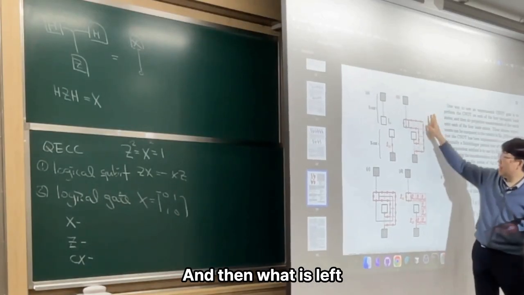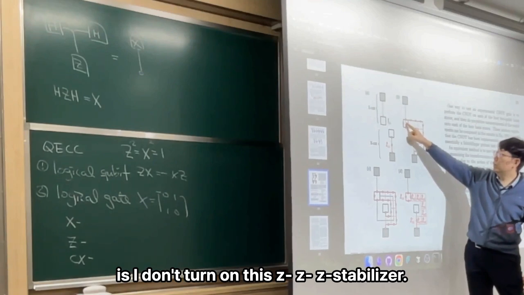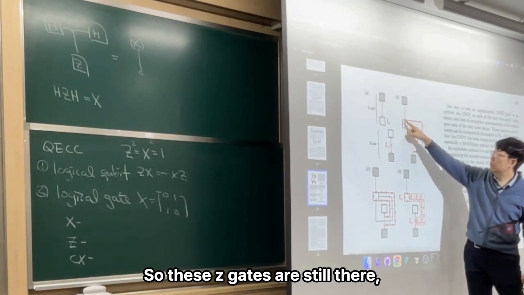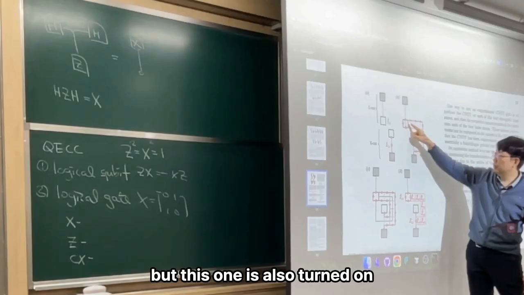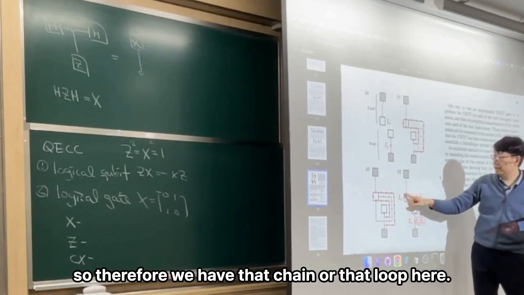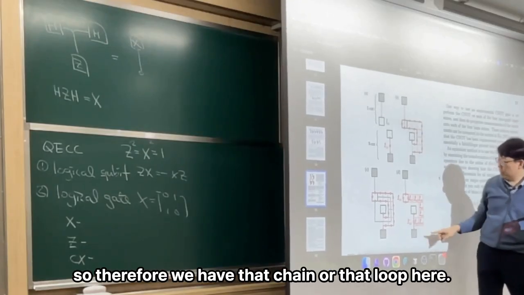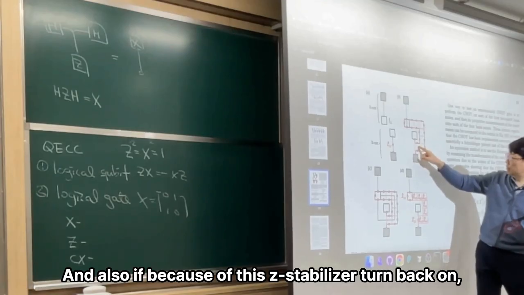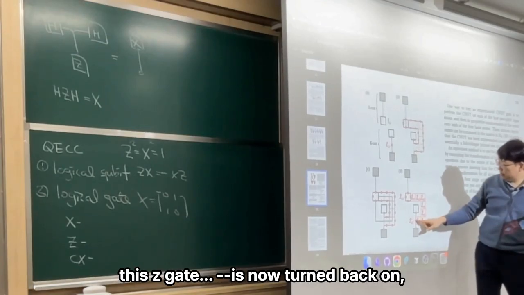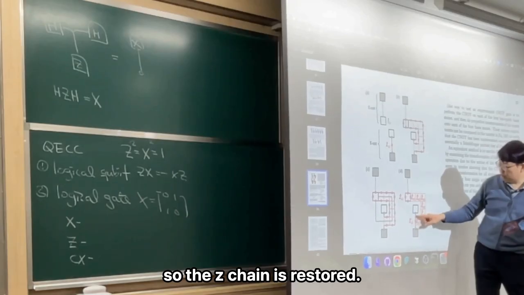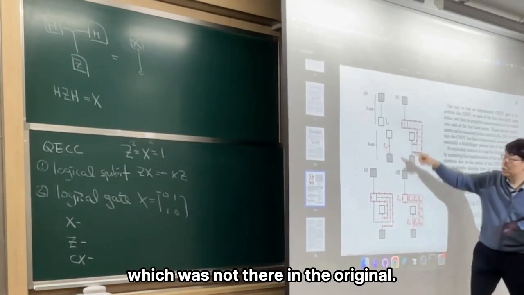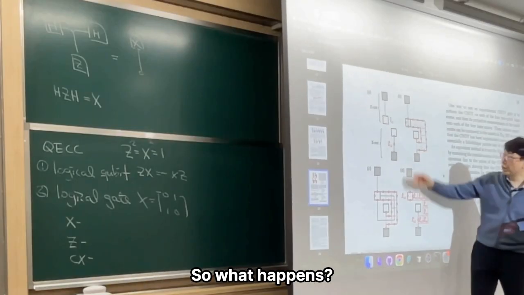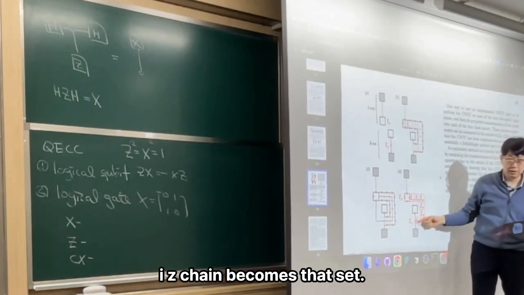What is left is that I don't turn on this Z stabilizer, so these Z gates are still there, but this one is also turned on. So we have a Z loop here. Because this Z stabilizer is turned back on, this Z gate is turned back on, so the original Z chain is restored, but this other Z chain still remains, which was not there in the original. So what happens? IZ becomes ZZ.